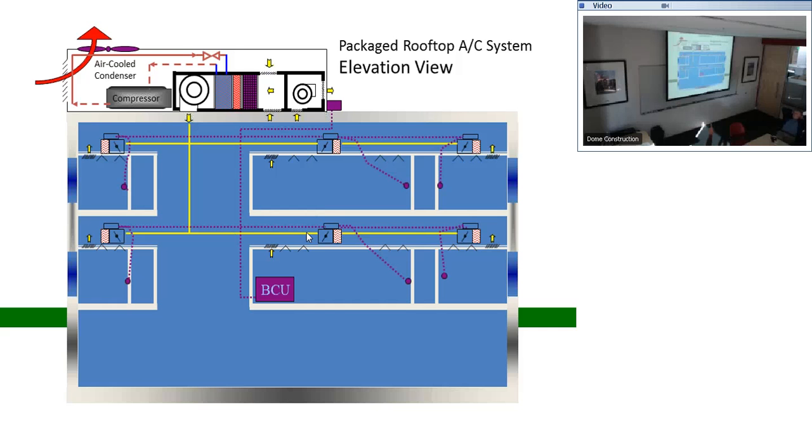So that sensor says, hey, I sense that I'm building pressure, so he slows himself down to keep that pressure there. And that pressure is determined during air balance, so they know what pressure they need, wherever that sensor is, to satisfy all these boxes at peak. So it's an air balance function. When we balance it, the balancer actually determines that set point.